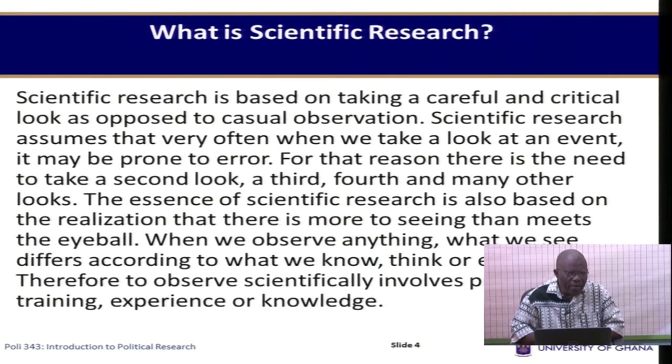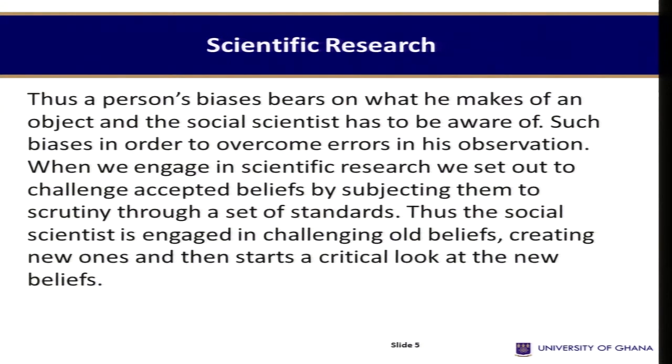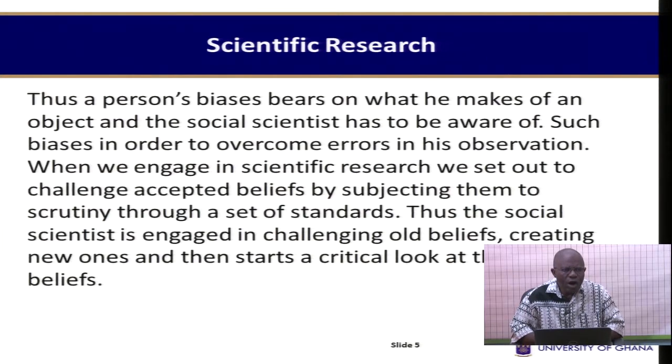Therefore, to observe scientifically involves previous training, experience, or knowledge. Thus, a person's biases shape what he makes of an object, and the social scientist has to be aware of such biases in order to overcome errors in his observation.